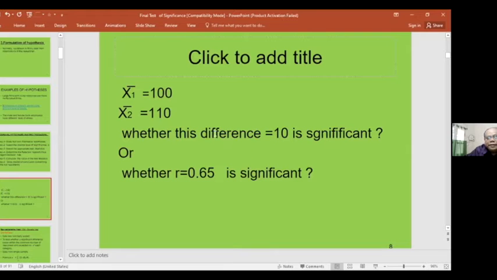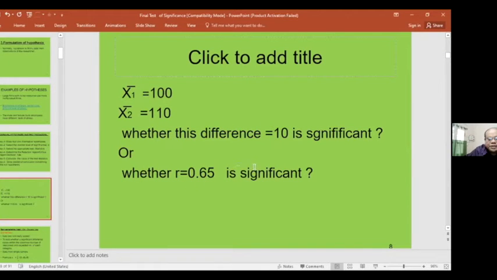But if this difference is not significant, it means this difference is by chance. In reality, there is no difference in the mean household income of people of Barak Valley, of Silchar and Karimganj. This difference is by chance.